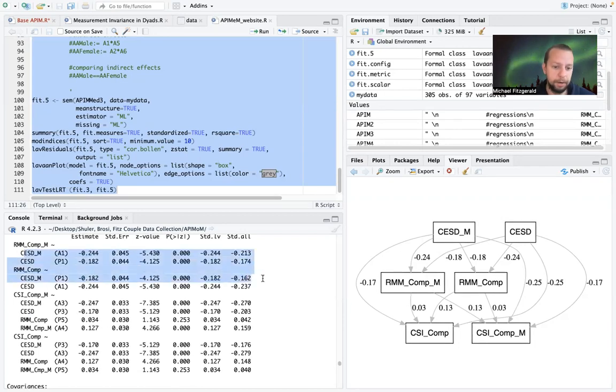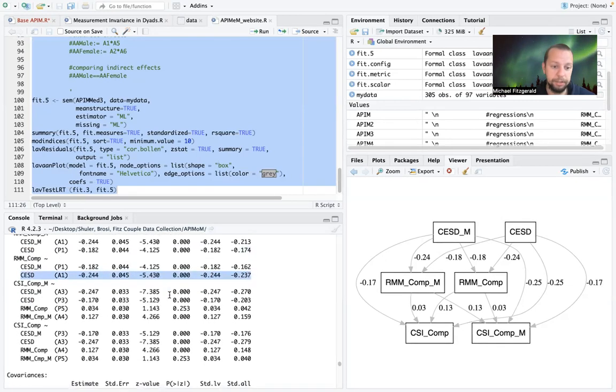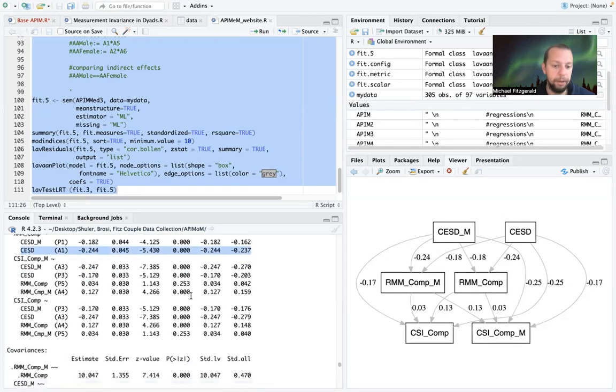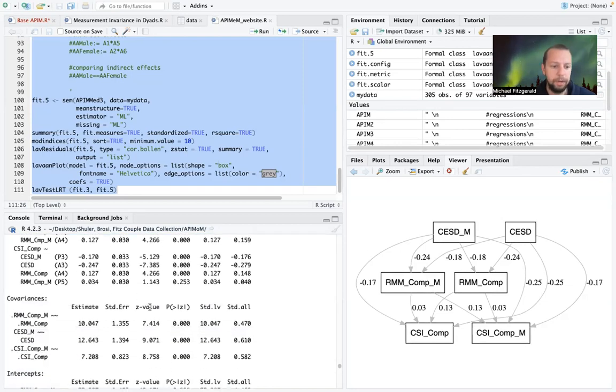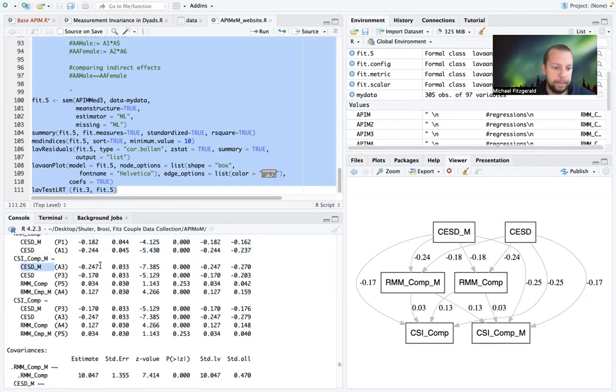Here are our actor effects. They're constrained to be equal, and we have our partner effects constrained to be equal as well. We'll take a look down here just to be sure we're coding everything correctly. It looks like we have coded everything correctly, so we are in good shape. So here's our actor effect, and here's our actor effect.